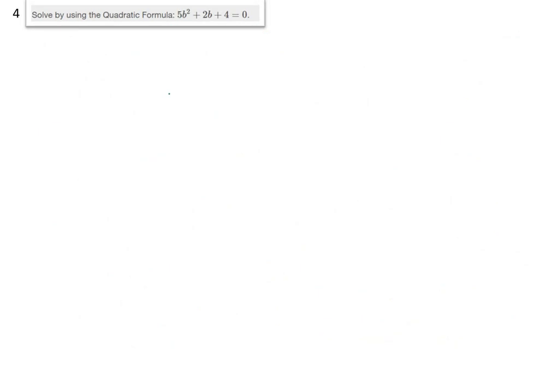Okay, now we have another one, that is 5x square plus 2x plus 4 equal to 0. Again, just plug in the values of a, b, c in the given equation. So a equal to 5, b equal to 2, c equal to 4.